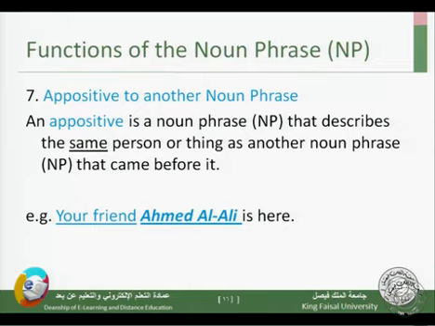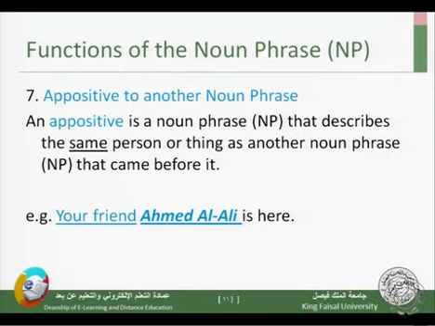They both came right after each other, and they both refer to the same person. So Ahmed Al-Ali, your friend, we are talking about the same person here. So Ahmed Al-Ali here is an appositive, and it is in opposition to your friend. It is in opposition, we say in opposition, to your friend.